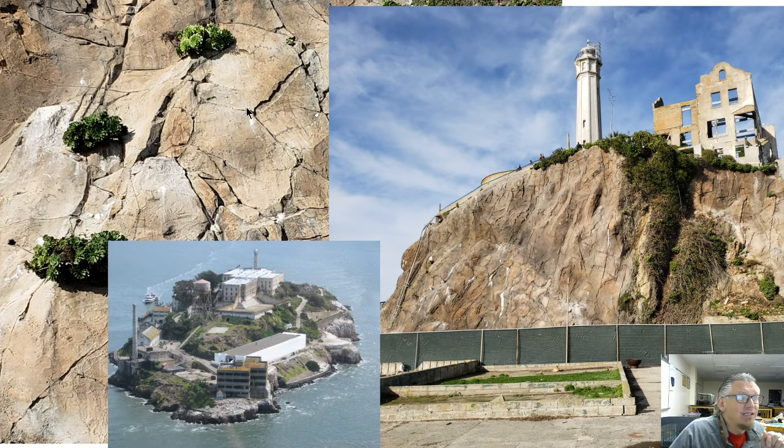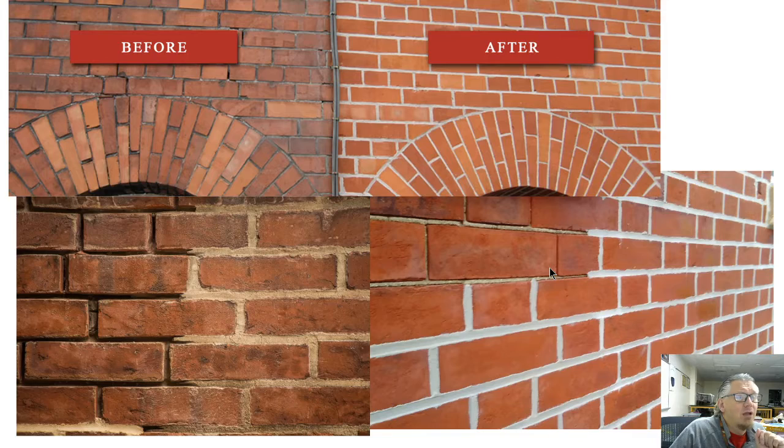You can see that it's sandstone, and I had a tough time believing that this sandstone held up that well. I guess most of the area in that region of California is sandstone, and this is plants growing into the side of Alcatraz.